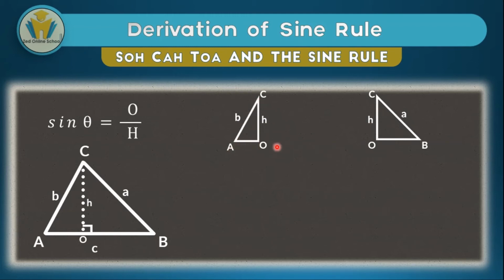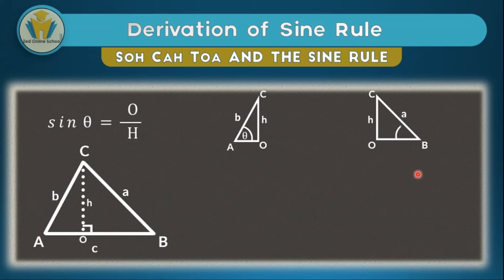For example, in this triangle here, we're going to select the angle at A. This will be theta, and therefore H here will be our opposite and the hypotenuse will be B. As you can see, it's the longest side in this right angle triangle.